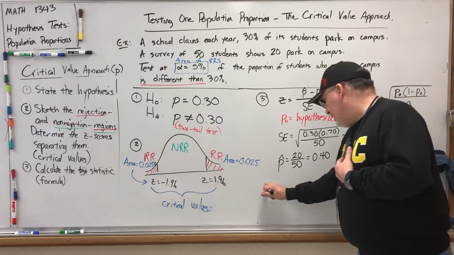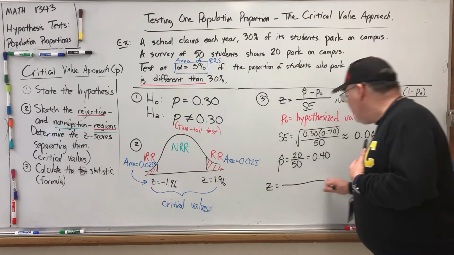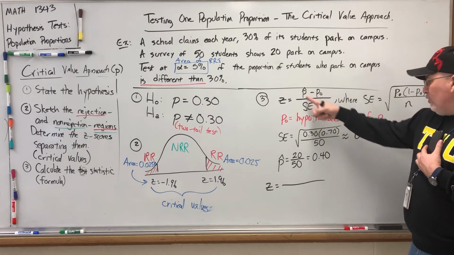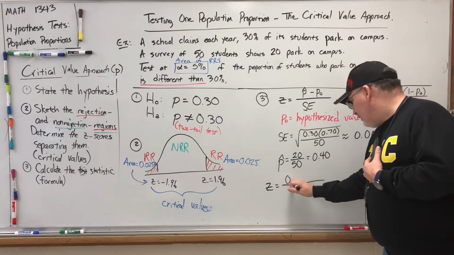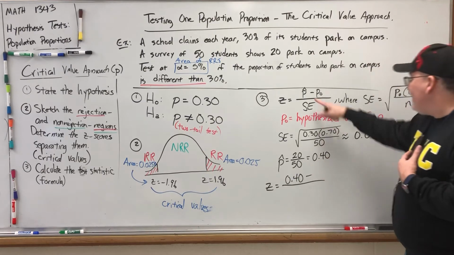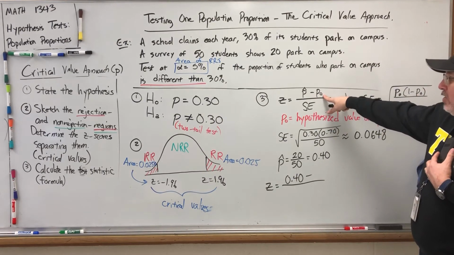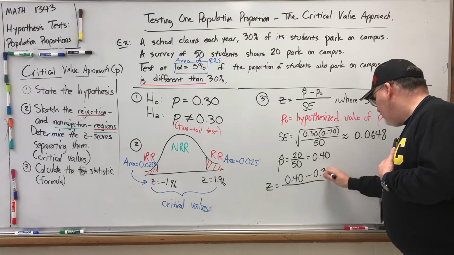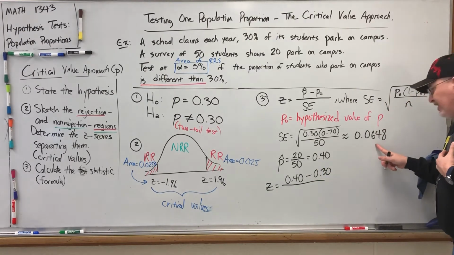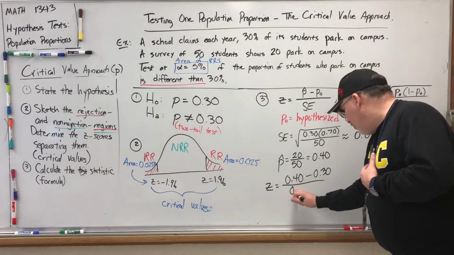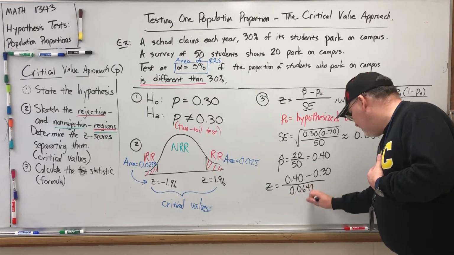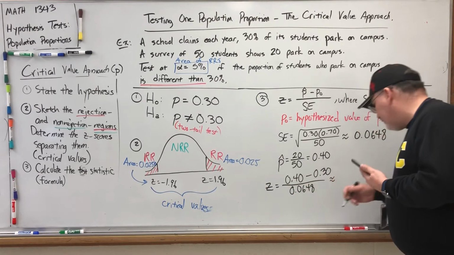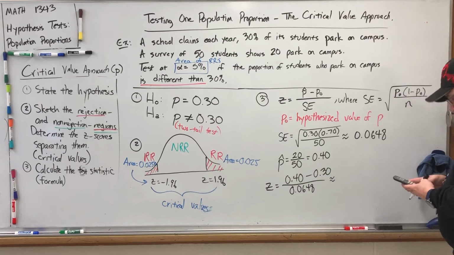And so my test statistic, Z, is going to be what I got from my sample, which was 40%, minus what I'm claiming from the null hypothesis, which was 30%, 0.30. And that's going to get divided by the standard error, 0.0648. And we'll round this off to 4 decimal places, divided by 0.0648.